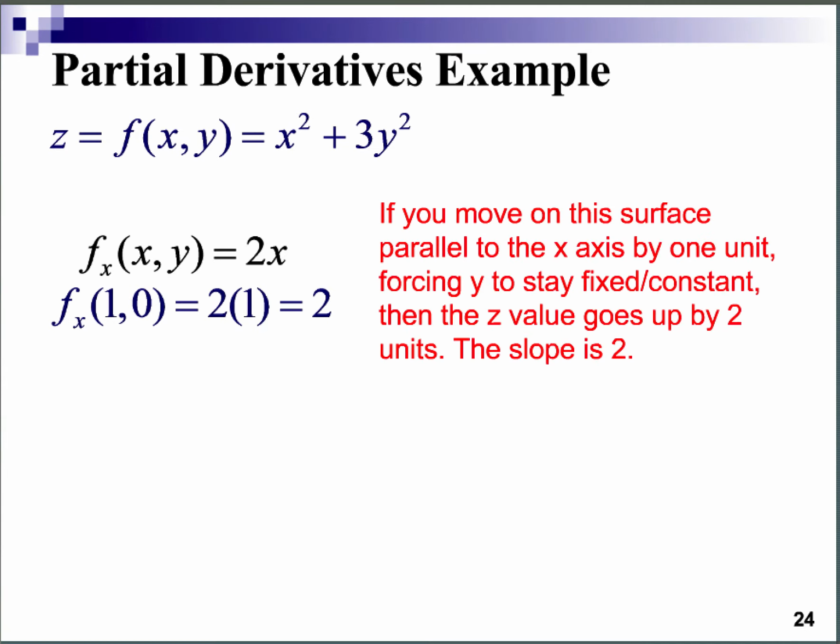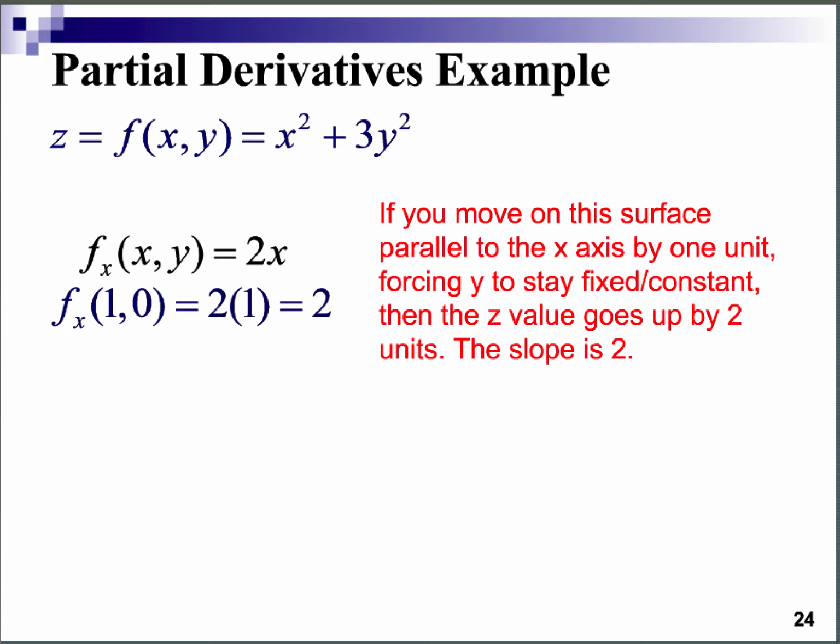So what that would mean visually is that if you were on some surface, if you were to visualize this x squared plus 3y squared surface, which is like a paraboloid, and started to move along that surface parallel to the x-axis, starting from the point (1, 0), your y value would stay fixed or constant, but your z value would go up by about 2 units.